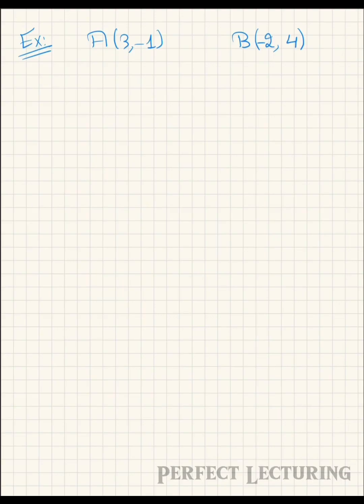Let's do a quick example. So we have A (3, -1) and B (-2, 4). We assume that this is x1, this is y1, this is x2, and this is y2.